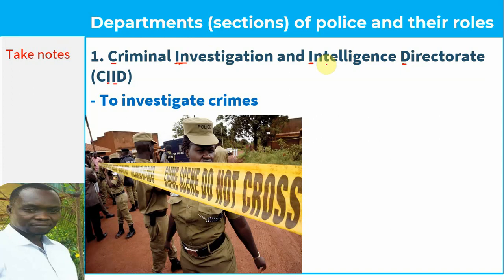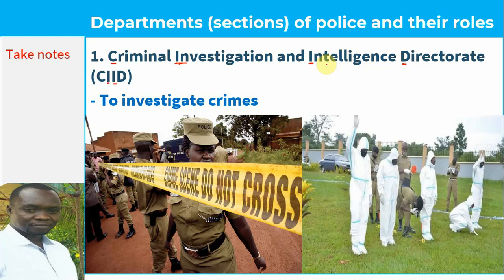The department investigates crime, and the first thing is to protect the crime scene. The area where the crime has been committed is always protected, and they protect it using this yellow seal here, and it is always written crime scene, do not cross.